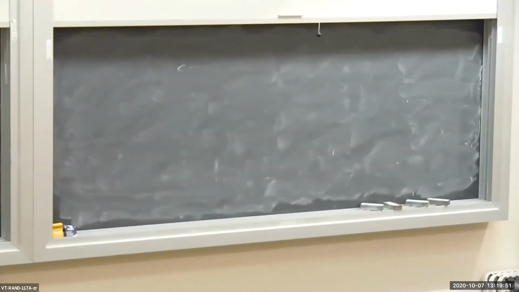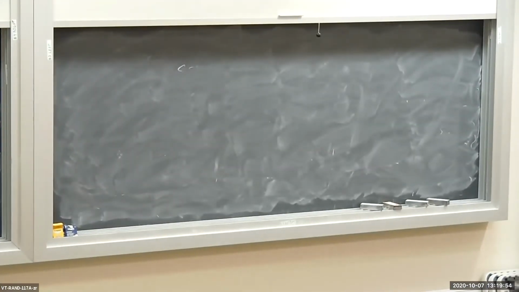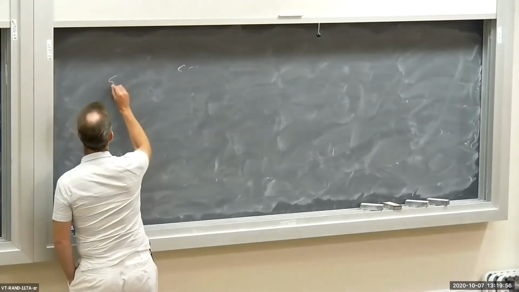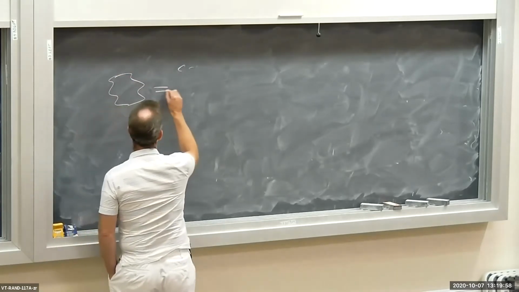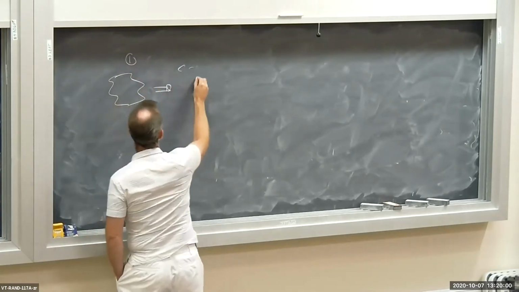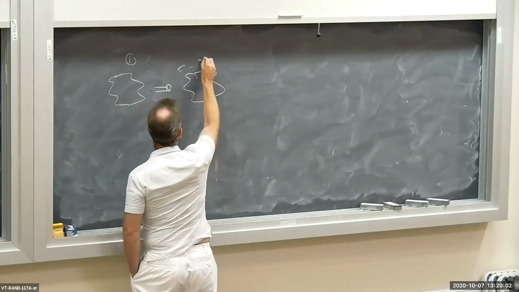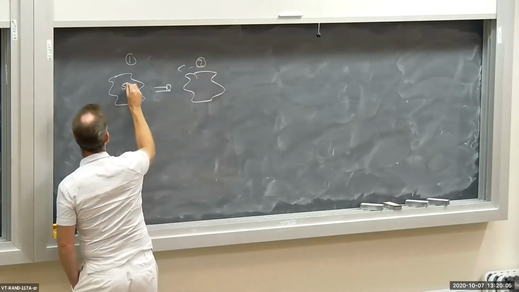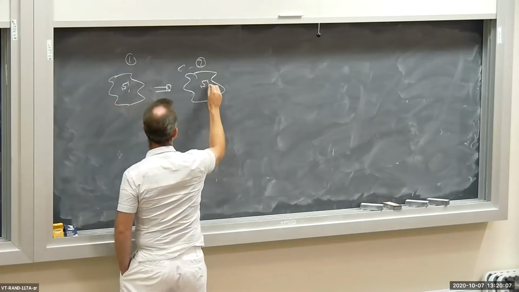Now, where do isentropic processes tend to crop up? Well, let's write the entropy balance for a closed system. So here we have a closed system, going from state 1 to state 2. Okay, so we have S1 and S2.